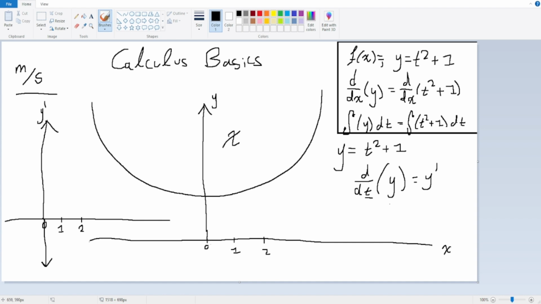Let's take a look at the slope at 0. At 0, the function is completely flat. So what is a flat slope? Say you have a flat line like this.